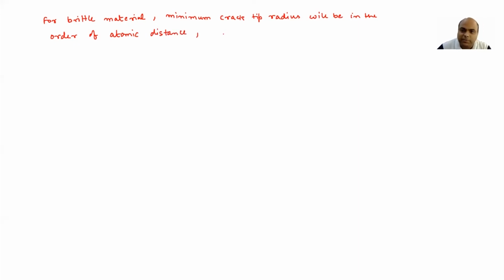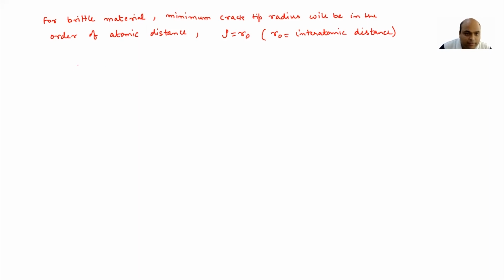Okay, so let's assume that rho is equal to R naught, and R naught, as I have already mentioned, is the interatomic distance. If that happens, let's calculate what could be the fracture stress there.